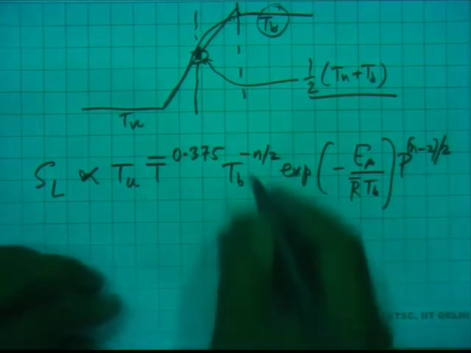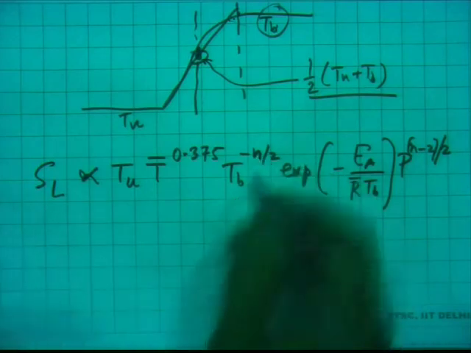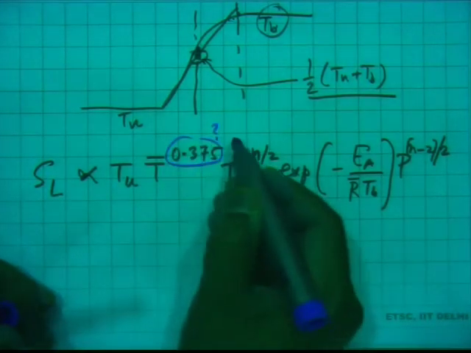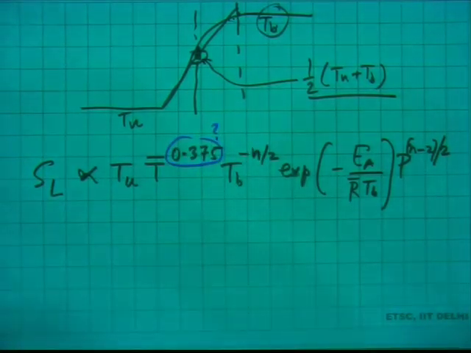So please check this yourself. This has been obtained after using 1 and 2 in the expression for SL. And remember again that this is a little questionable, but doesn't really matter. We will take it to be some small positive number. Correct?